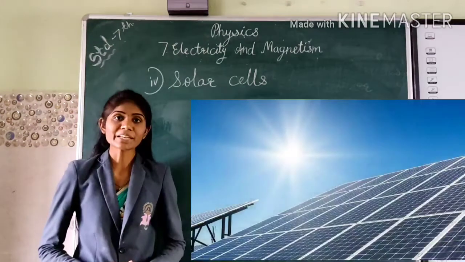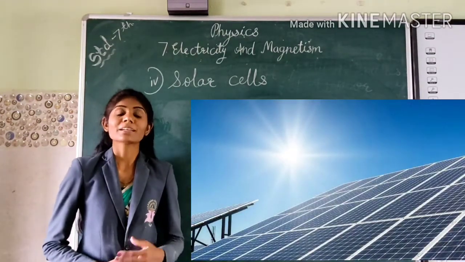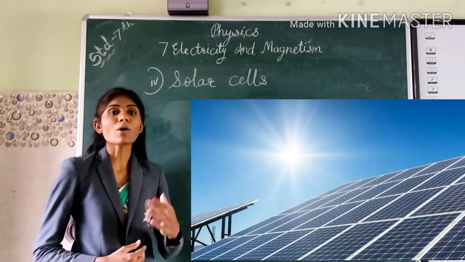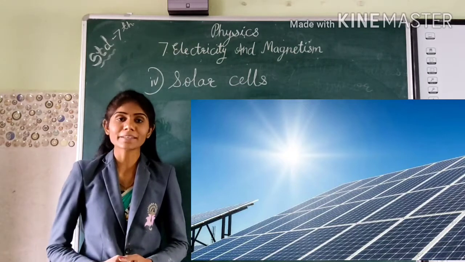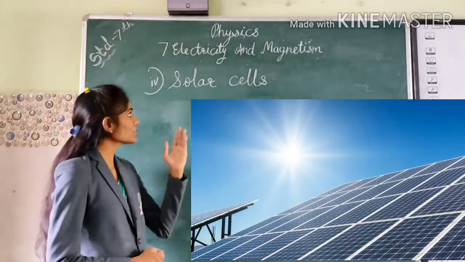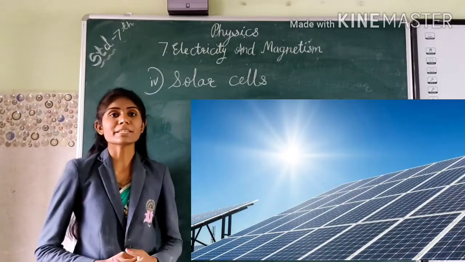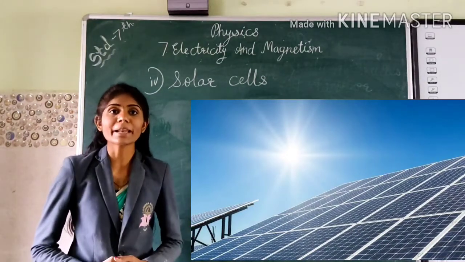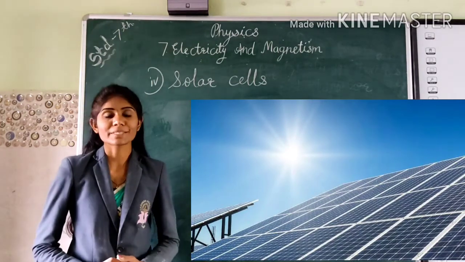With advanced technology, it is now also possible to convert the light energy which we obtain from the sun into electrical energy, and it is stored in a device called the solar cell. As its name suggests, it uses solar energy, that is, the energy received from the sun.